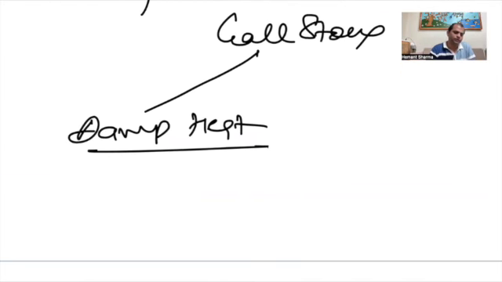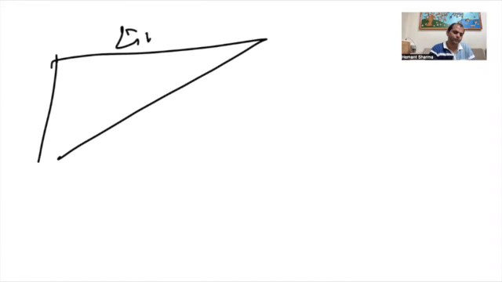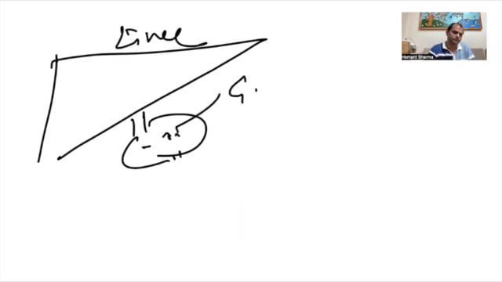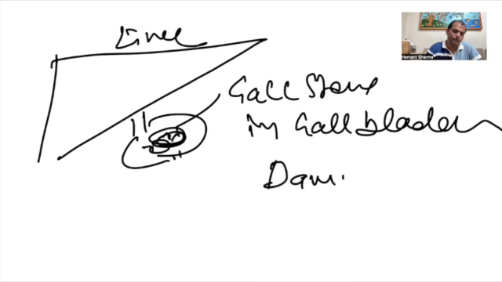The meaning of gallstone when there is infection or inflammation. So suppose this is the liver and this is the gallbladder and there is a gallstone in the gallbladder. So if we say damp heat or humid heat, it means there is an infection, inflammation.